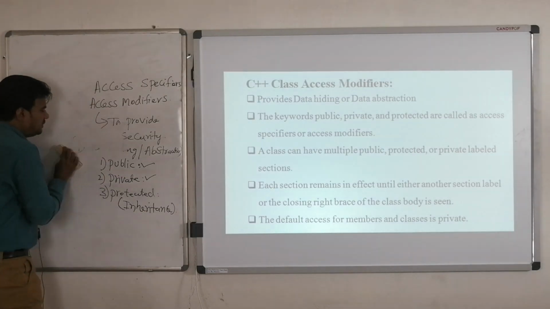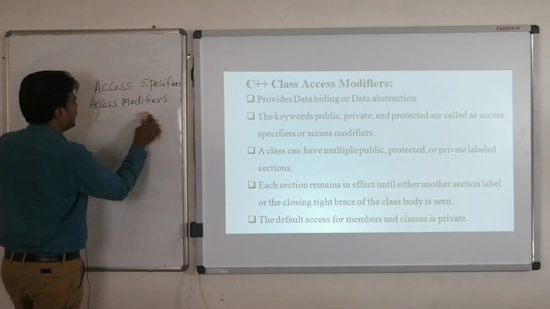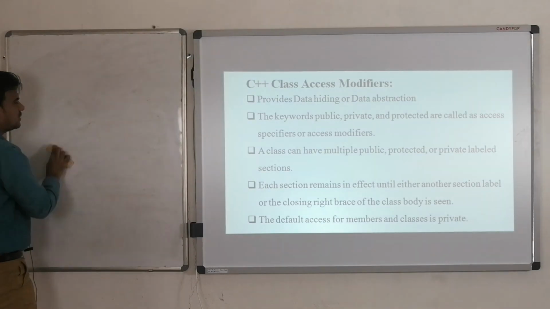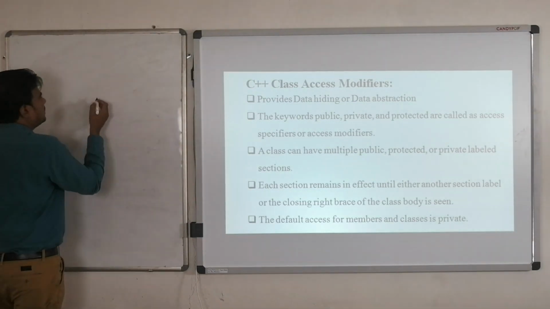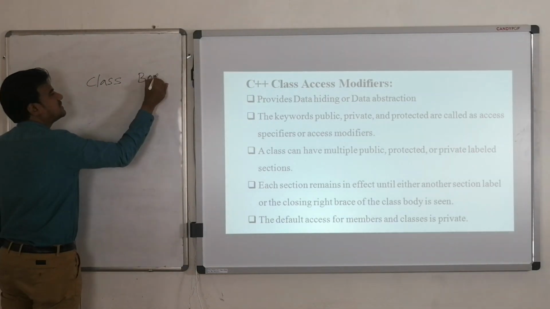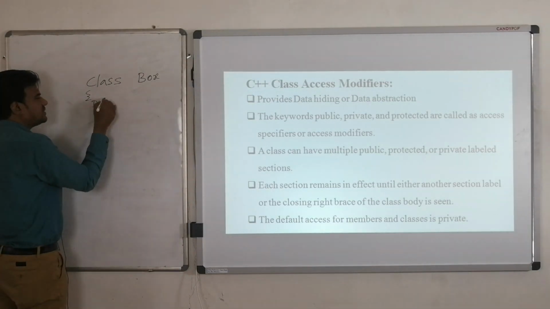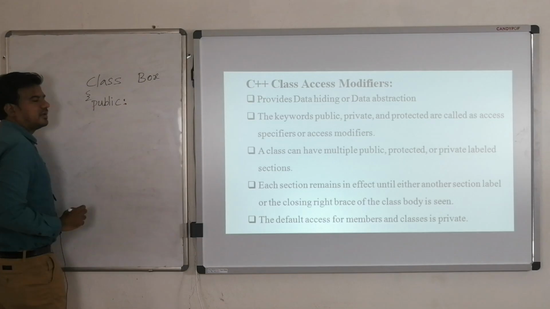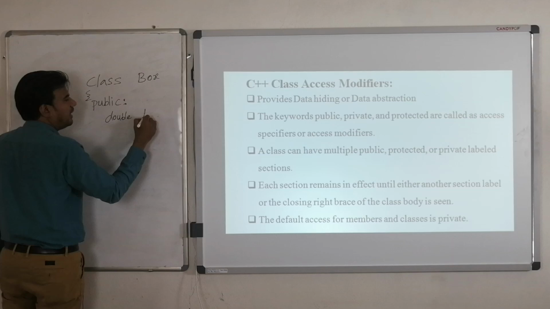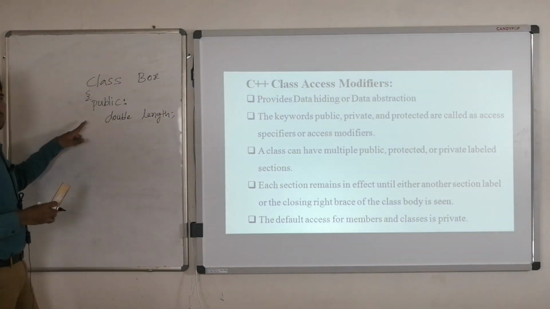Yes, so that I will explain by taking the box class example for your understanding. So I'm writing a class followed by the class name, that is Box. In it, I'm taking first the type public, followed by double length. So this length data member is public now.